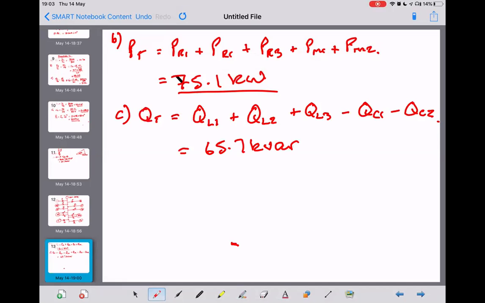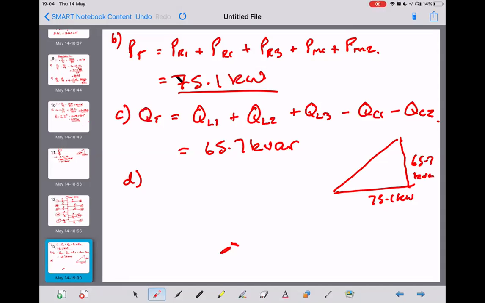ST. So I have drawn a nice little triangle with P and Q on, and then I've written ST is equal to the root of PT squared plus QT squared.